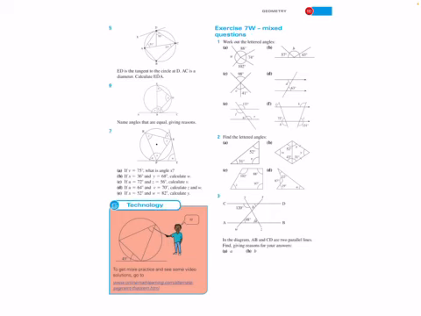So this here is 57. This is a Z. If this is 57, Z states that this is also 57. And since they are opposite angles, V is also 57. So that's how you have to look at it.